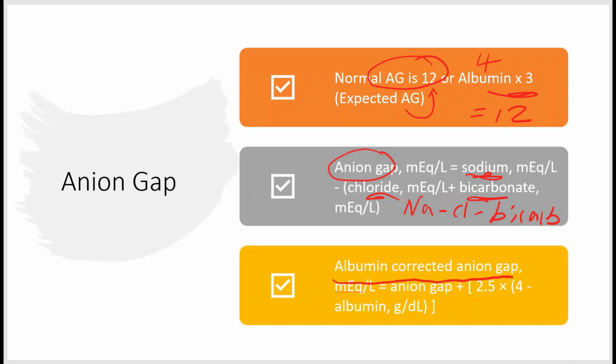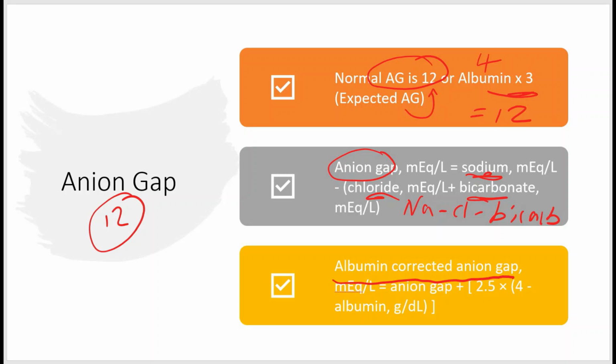Albumin corrected anion gap. This is important because patients in the hospital have low albumin, especially those in the ICU or those who are critically ill with sepsis. It's important because most of the anion gap is made up of albumin that's in the blood. So if you have low albumin, you're going to have a lower expected anion gap.